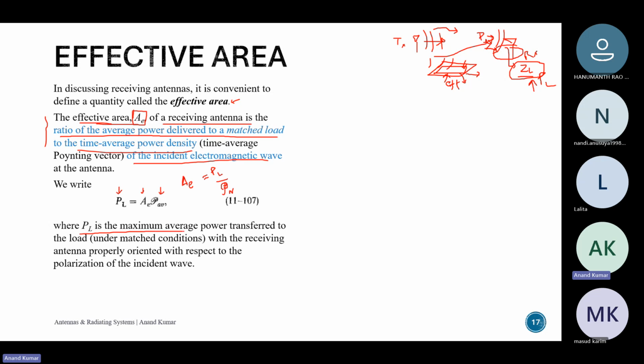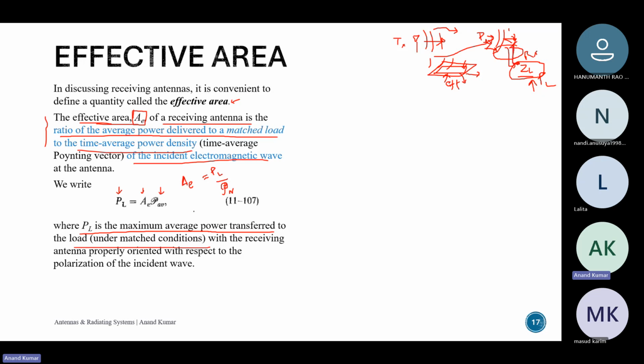This PL is the maximum average power transferred to the load under the matched conditions. So we're considering that all the power which was received by the antenna, not the incident, but the received power by the antenna, is transferred to the matched load.